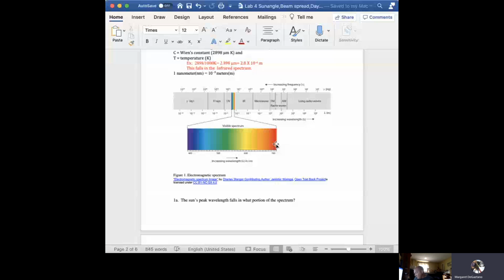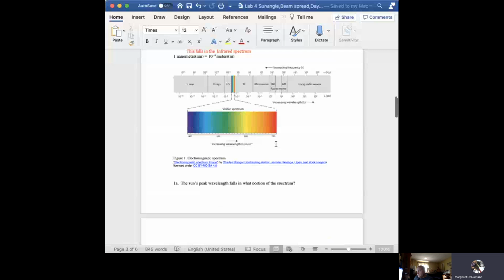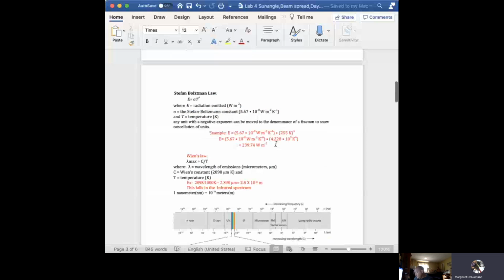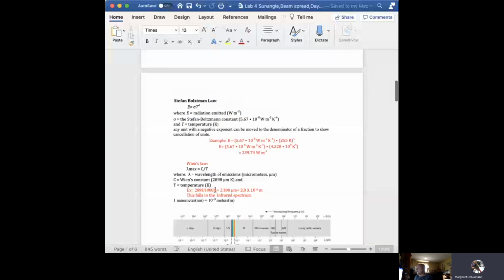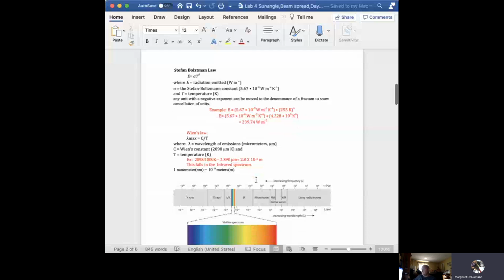You want micrometers because that's what you're going to calculate in. Wien's law is in micrometers, and this image is in nanometers. Okay, I understand.